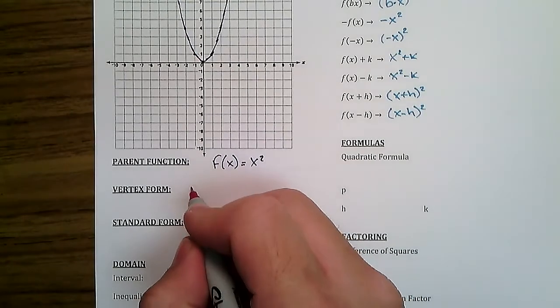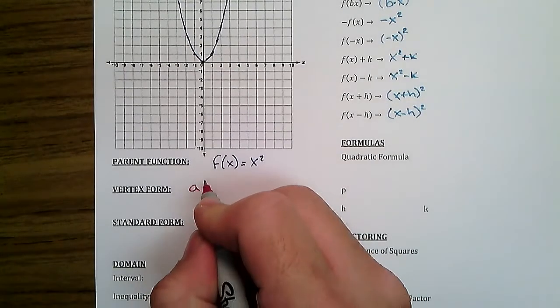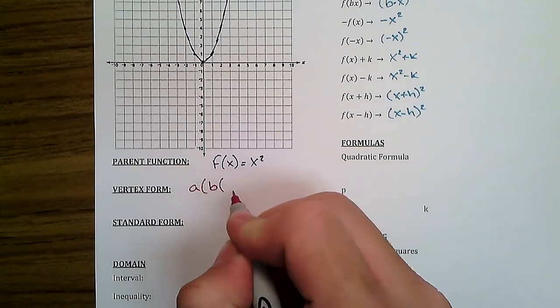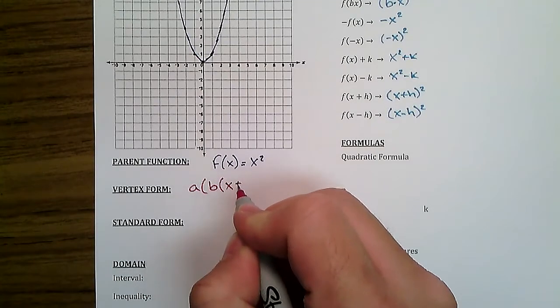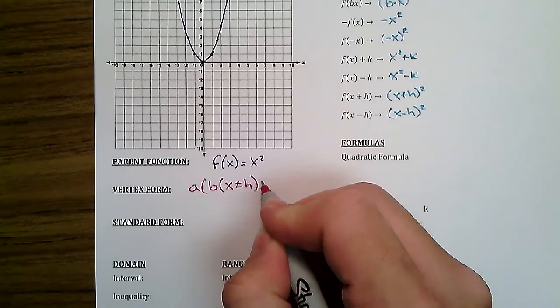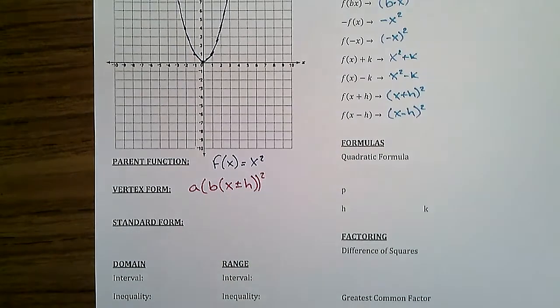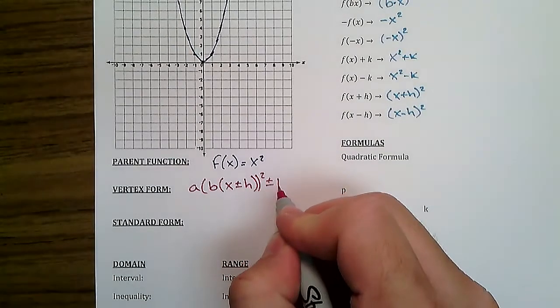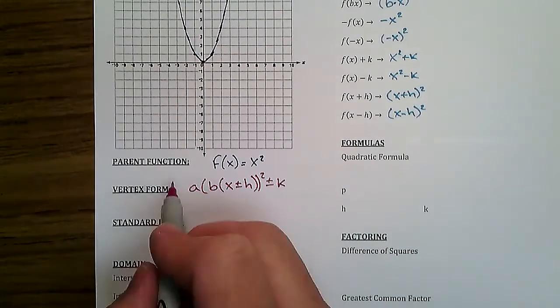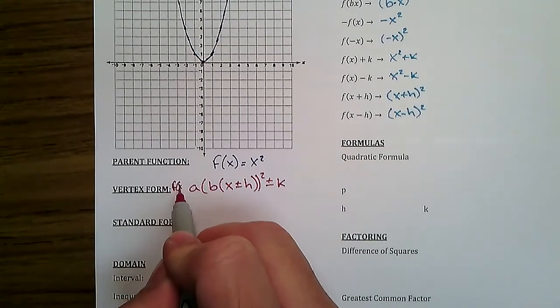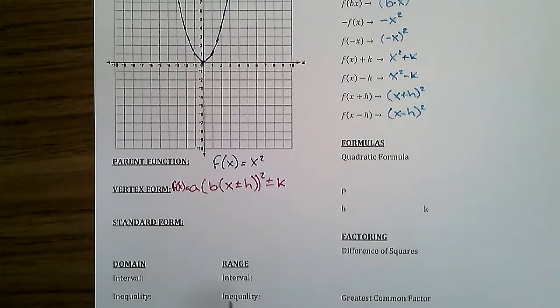So remember, we've got our a that's outside, our b inside, x plus or minus h squared plus or minus k. I need to put a little f of x here. So our vertex form of our function, f of x equals a times parentheses b times parentheses x plus or minus h parentheses parentheses squared plus or minus k.